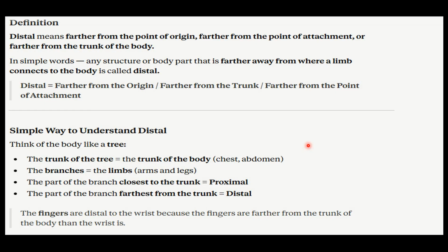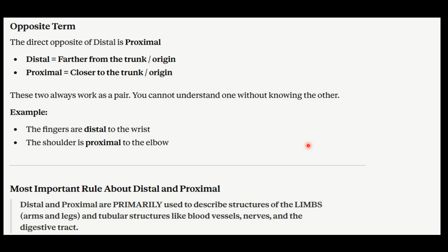I'll show you with examples how it works. But one thing is confirmed: the direct opposite of distal is proximal, where distal is farther from the trunk or origin, and proximal means closer to the trunk or origin. These two terms always work as a pair. You cannot understand one without knowing the other.